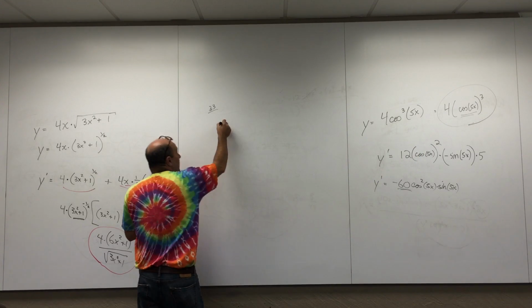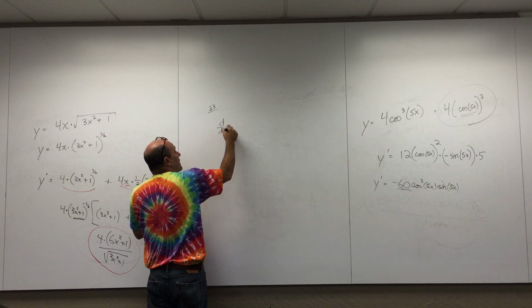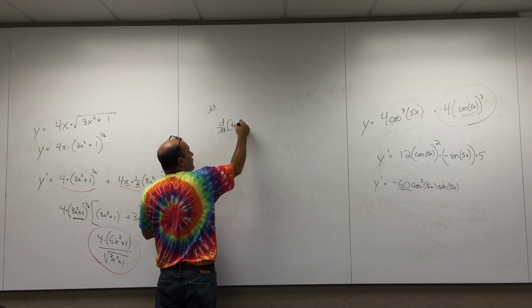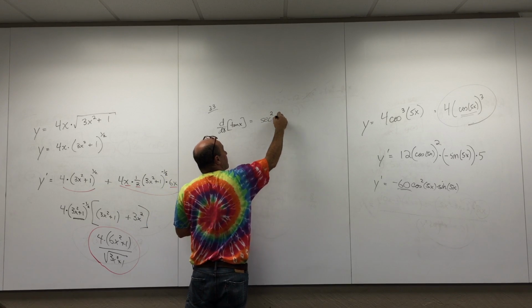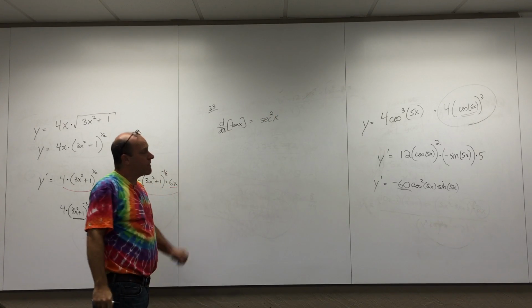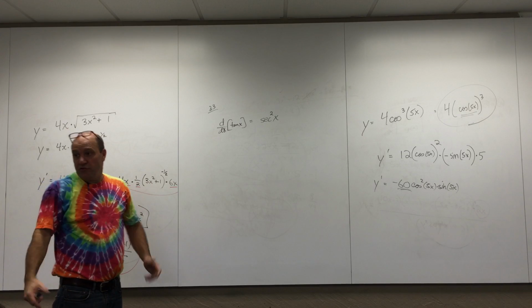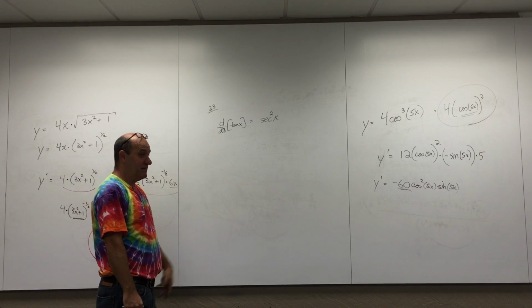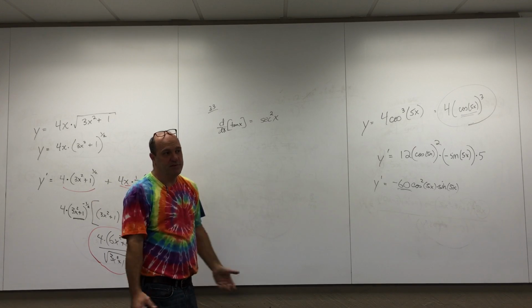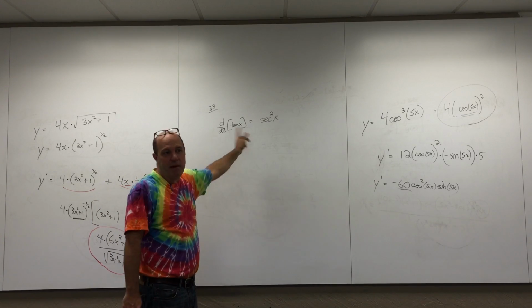I'm going to show you what they are. The derivative of, and I guess I'm not going to prove it to you, but the derivative of tangent is secant squared. The derivative of tangent of x is secant squared of x. It's just a thing to memorize.